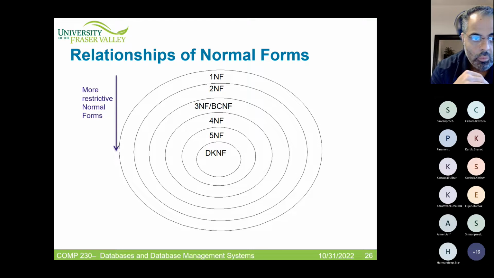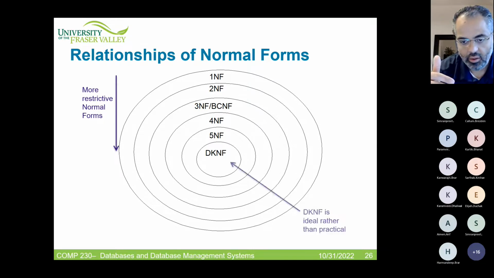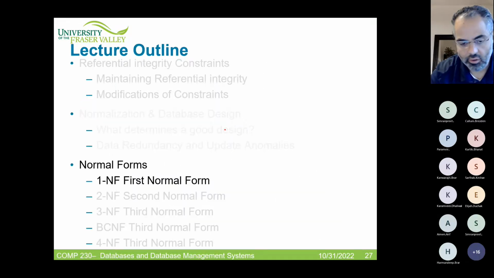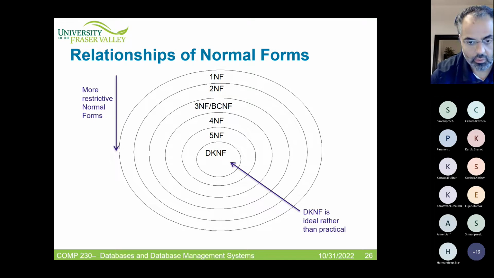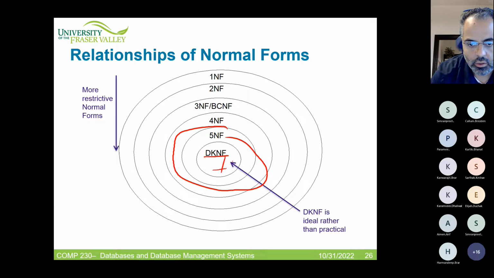The normal forms are more restricted from the first to the fifth, DKNF. However, this is very ideal. In reality, I think we will not reach that point. It's more practical to be here. But the higher the level we go, the more restricted it will be.